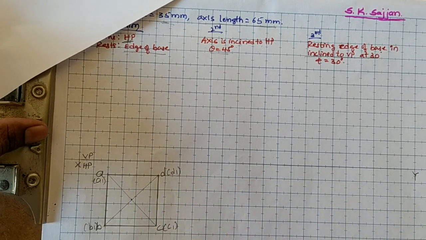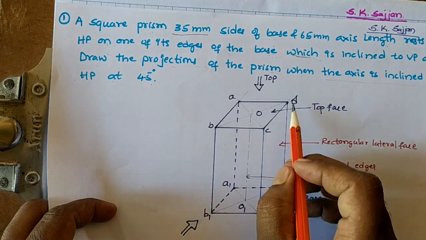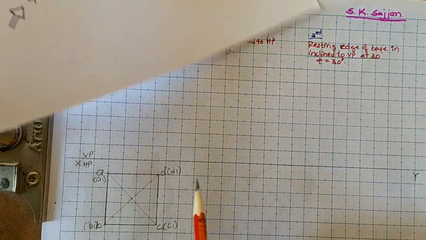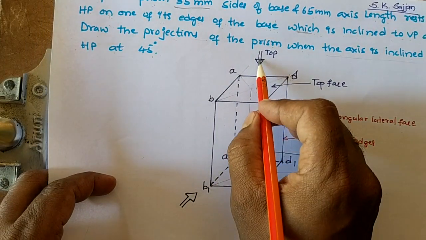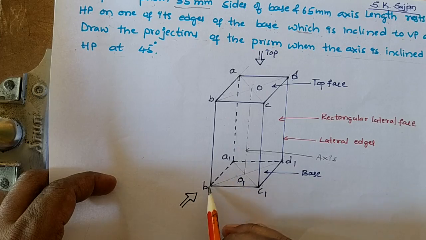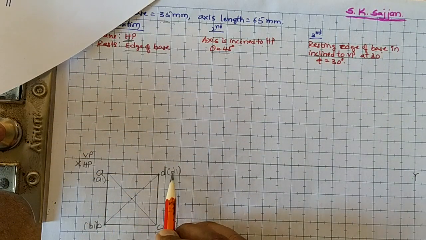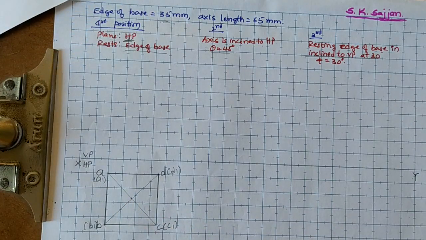Clearly we show that top view names are A, B, C, D without bracket, that is visible. Then bottom base names are not visible when you are observing here, that is within bracket A1, B1, C1, D1. So this is the top view.